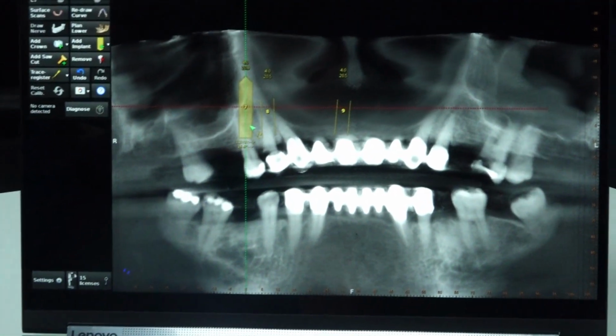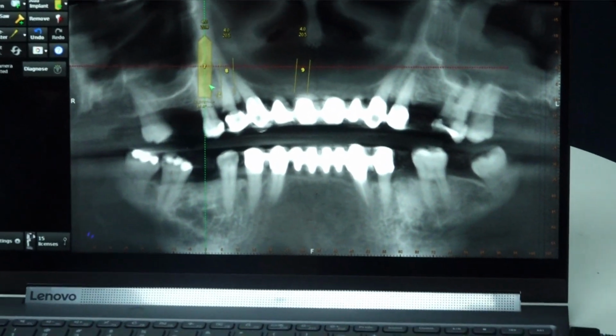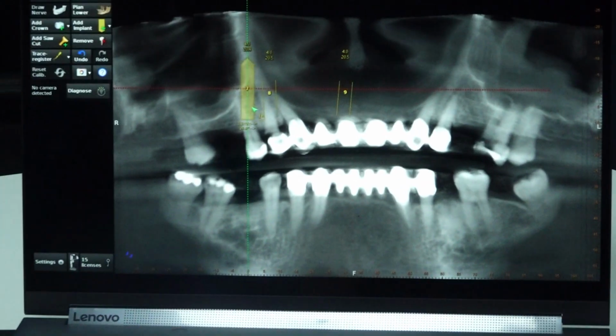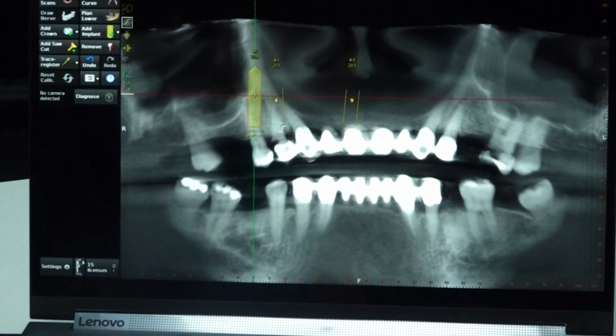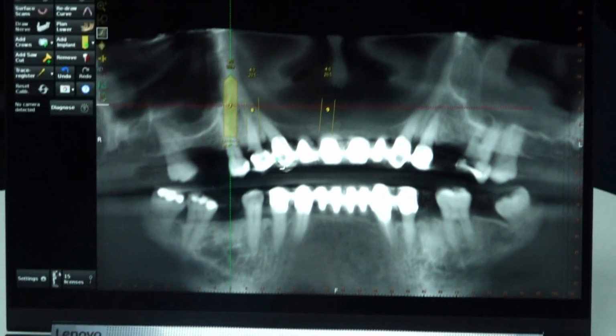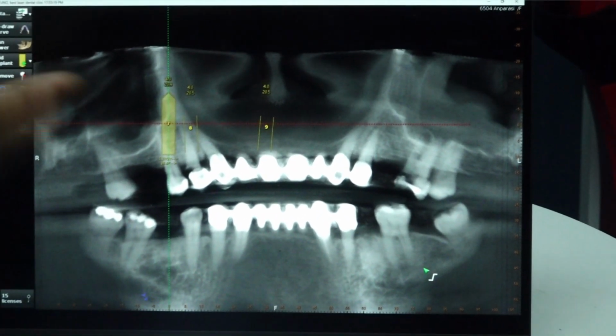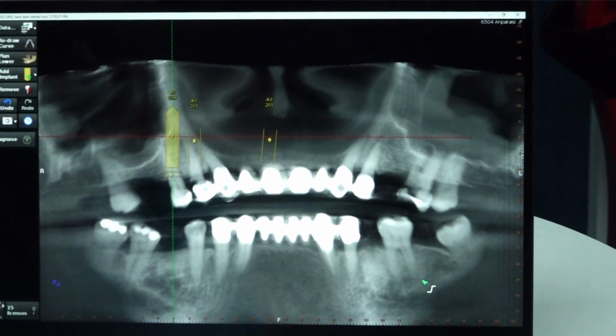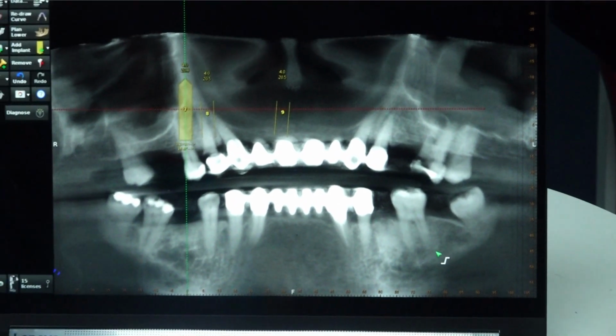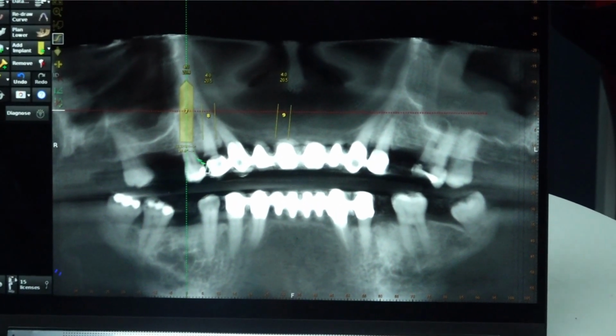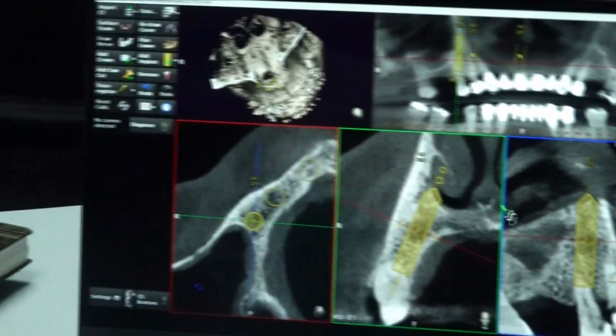A 4.2 by 20 or 18 mm implant you can place. That one implant is excellent. The only thing is, don't tilt it too much. The more you tilt it anteriorly, the more difficulty you have in placing the anterior implants. So tilt only very minimally.